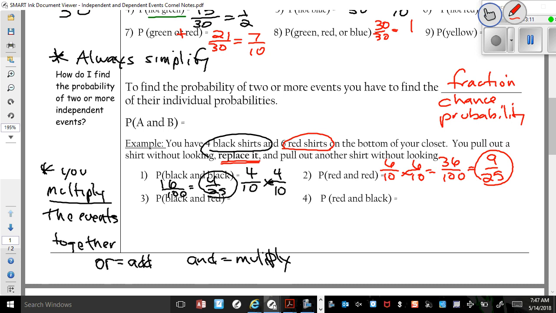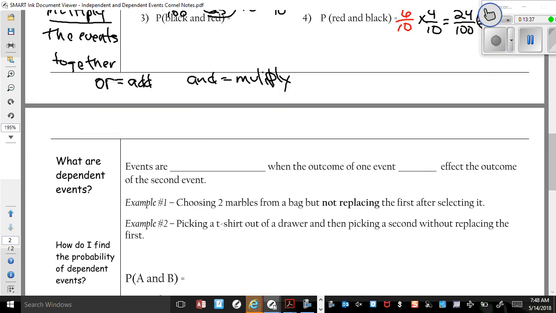Red and black. So red would be what? 6 out of 10. Black would be 4 out of 10. That's going to give us what? 24 out of 100. Then we simplify that. 6/25. Okay? All right, any questions?